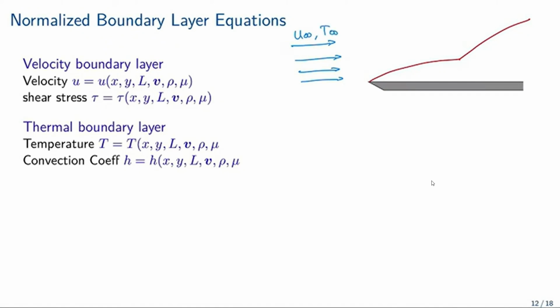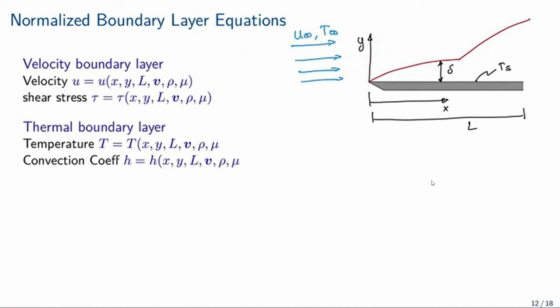On the screen you can see where we marked some parameters, like the velocity parameters given there. We can remember that we have a flow coming into the plate with velocity u infinity, and it hits the plate, forming the boundary layer.